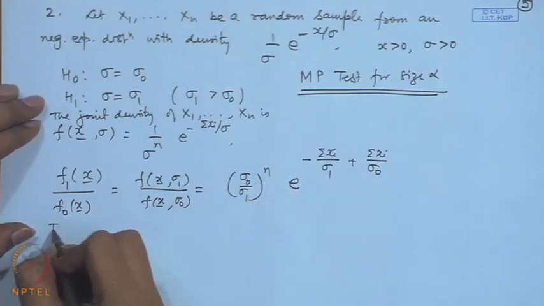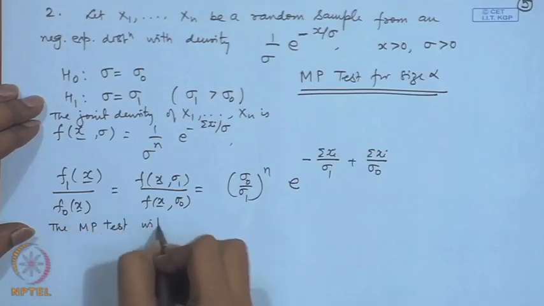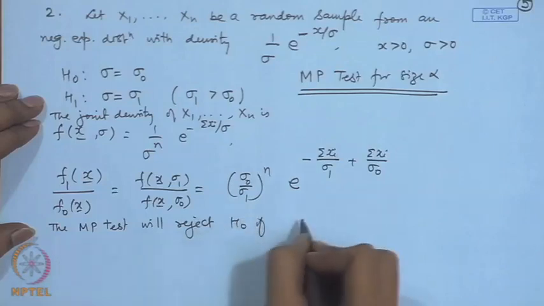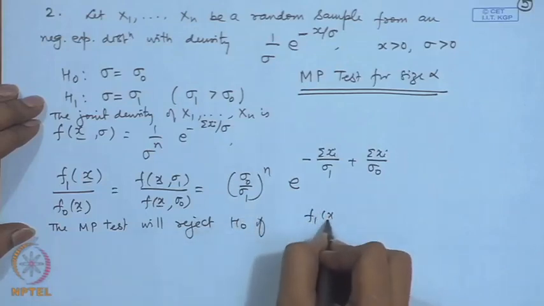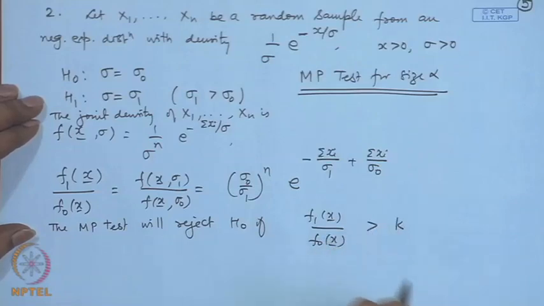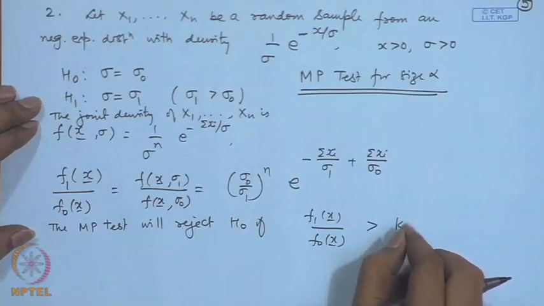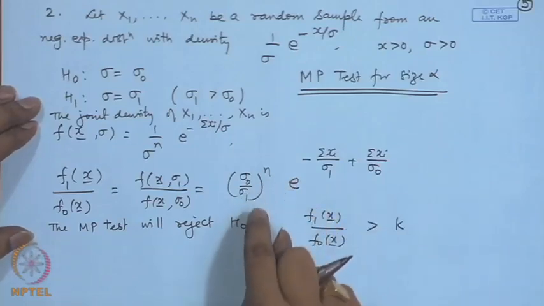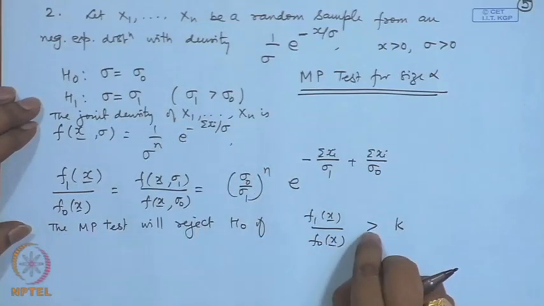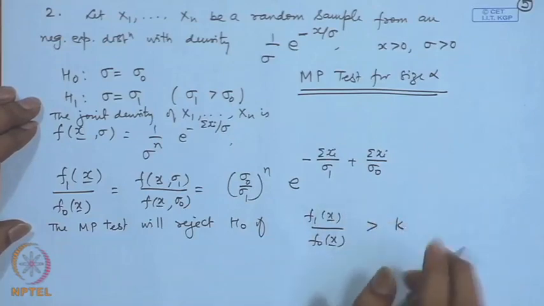So, the most powerful test will reject H naught if f 1 by f naught is greater than k, where k is to be determined from the size condition. Once again, a point to be noted here is that we are dealing with continuous distributions. So, the probability of equality is 0, that is, this is equal to k.